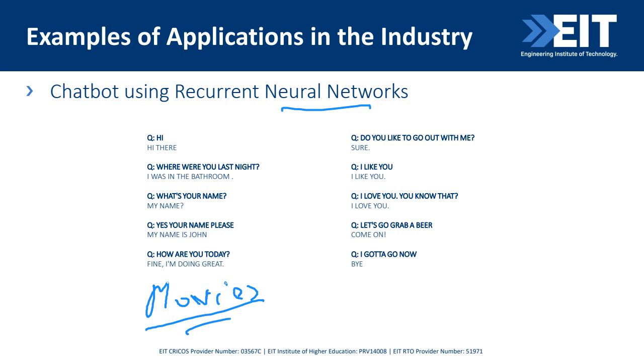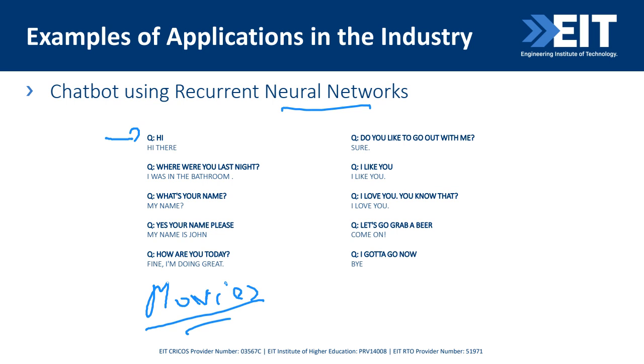So you have millions of turns in a conversation. I just trained the neural network to produce the response from the previous sentence, okay? And then I conversed with it. So the question is what I would ask that chatbot, and the response is this.